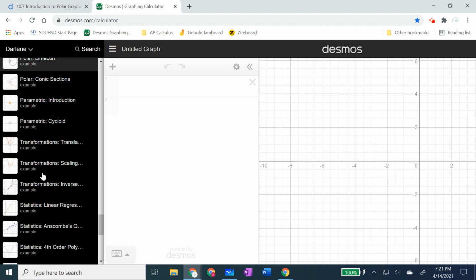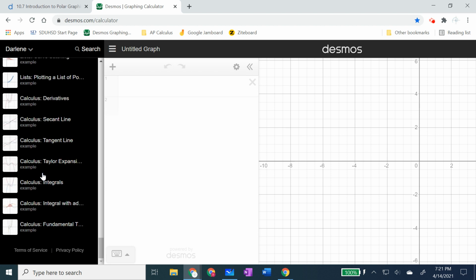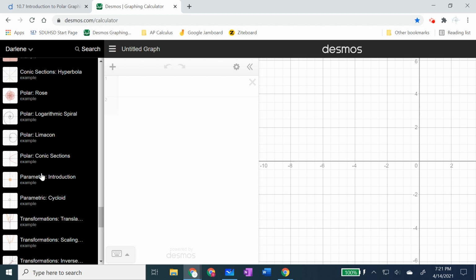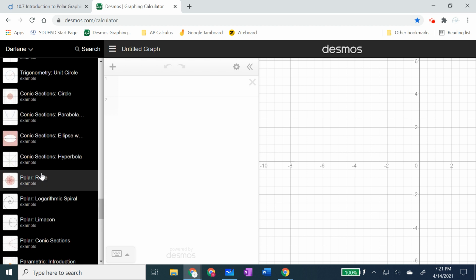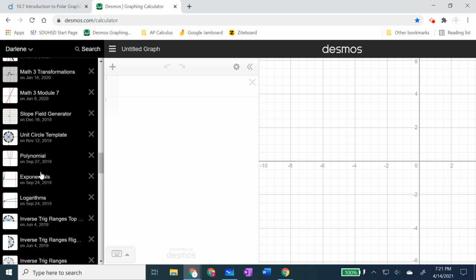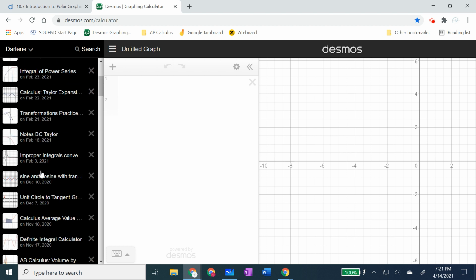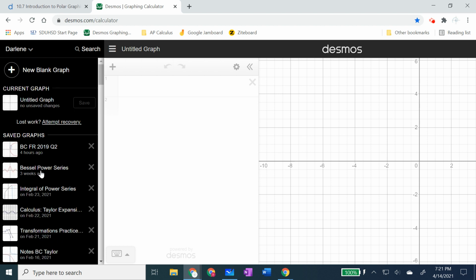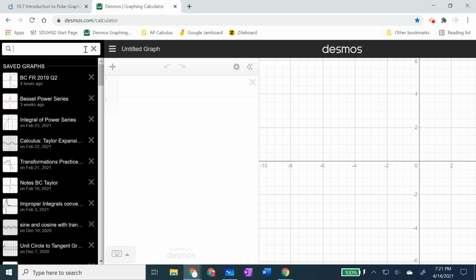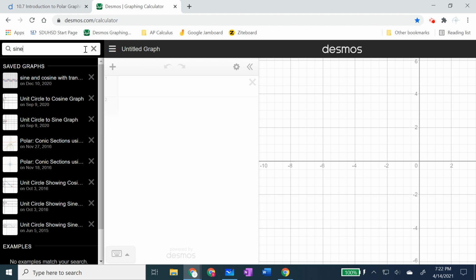If I can find where it is. You can see I have way too many graphs and I need a way to organize them. Can I find it? Where are you hiding? Oh, I have search. There we go.